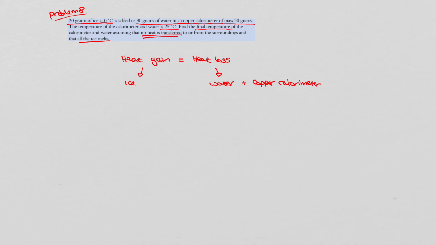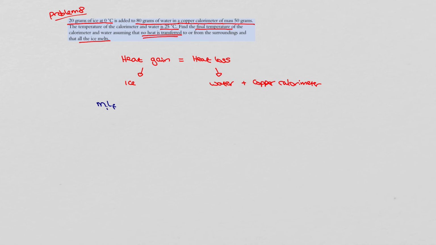So if the ice is gaining heat, what happens to it? It changes temperature and it also changes state, because the temperature of the water is at 25 degrees Celsius, so the ice will begin to melt. So that's going to be ml, the specific latent heat of fusion for ice as it's melting.